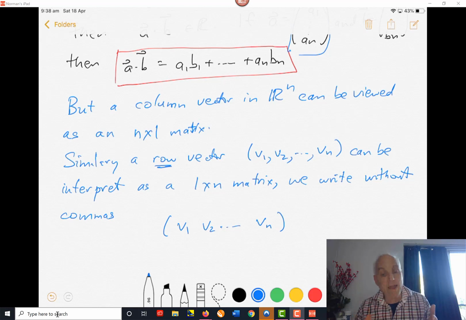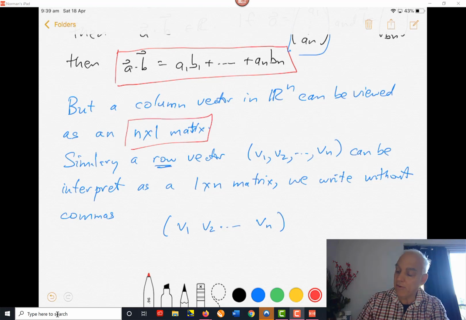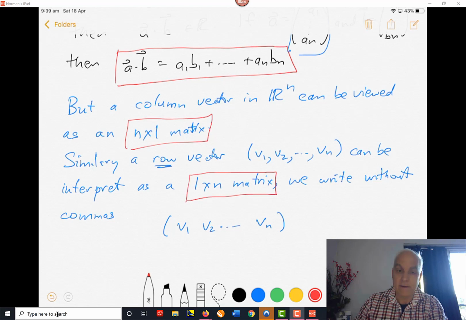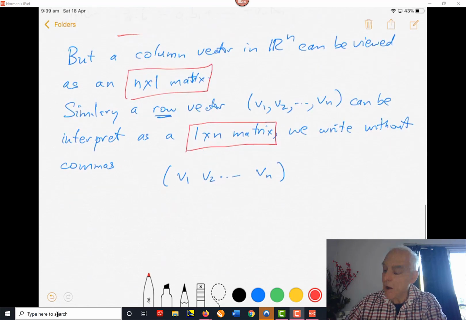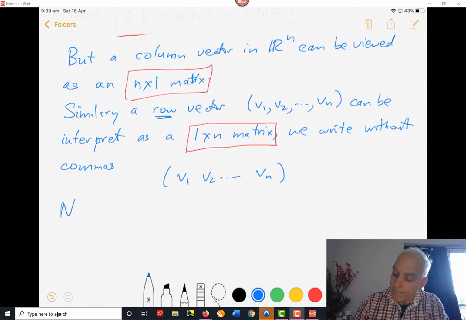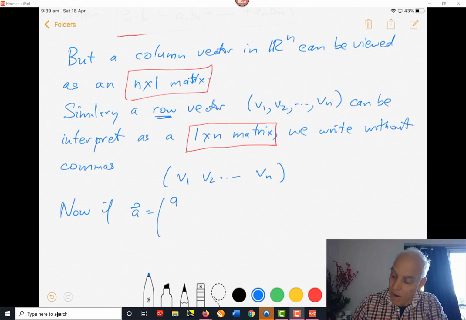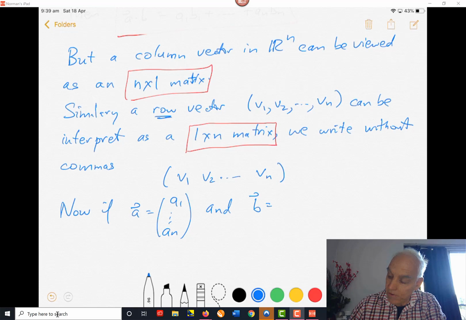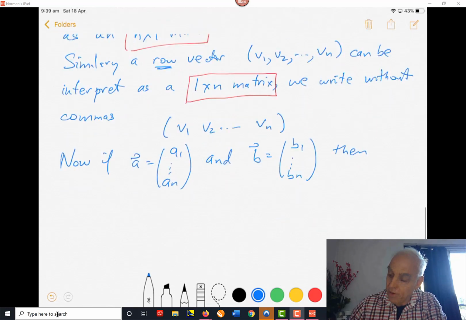So this way, both row vectors and column vectors can be brought into the realm of matrices, with column vectors being n by 1 matrices and row vectors being 1 by n matrices. So now, if we look at our two original column vectors, A equals A1 down to An, and B equals B1 through Bn, then let's have a look at this following product.